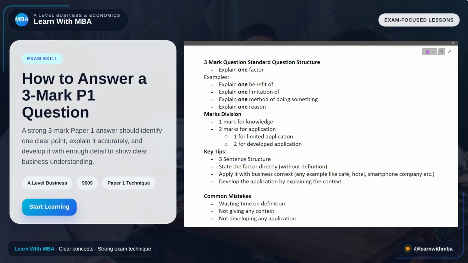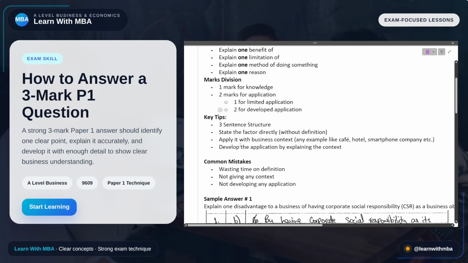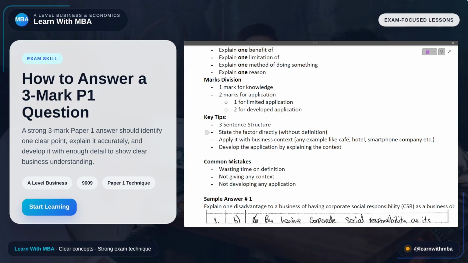So the easiest way to write an answer for this question is a three-sentence structure. The first sentence is where you state the factor directly. For instance, if the question asks you to explain one advantage of induction training, you won't start with defining the term.